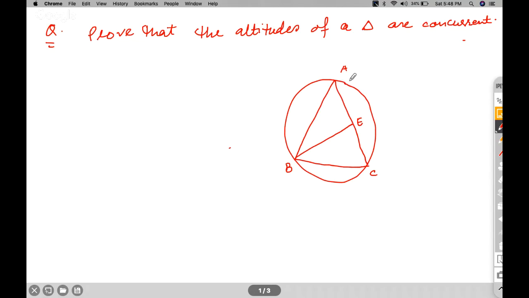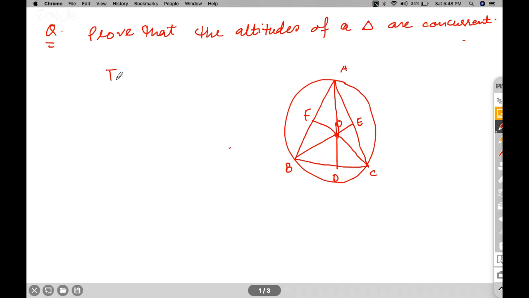CF is perpendicular to AB, and they intersect at point O. And this is BD.